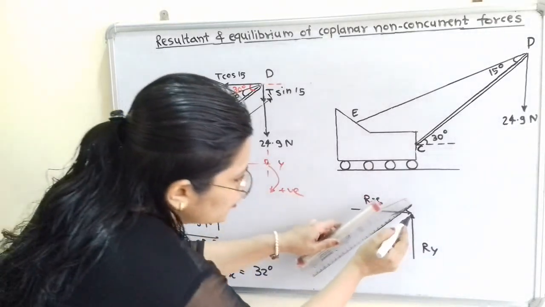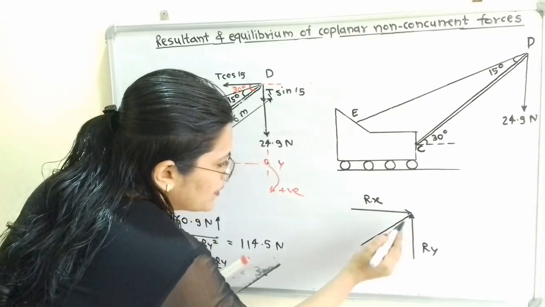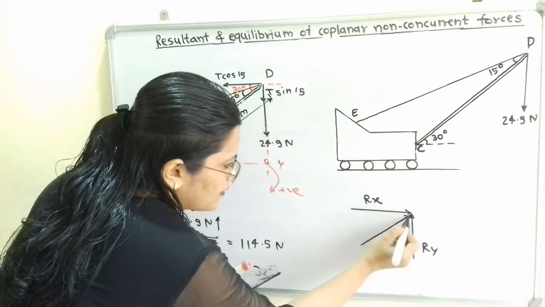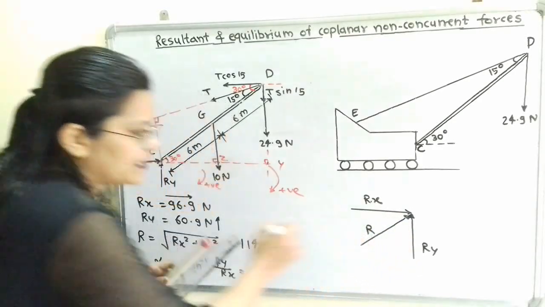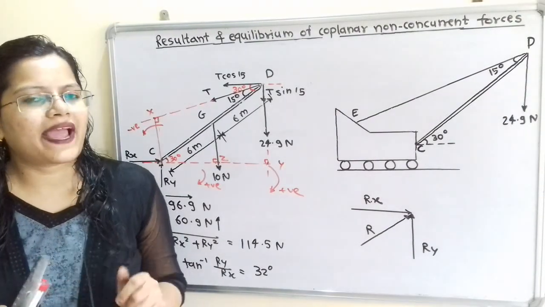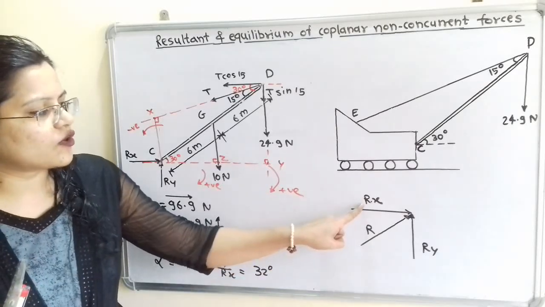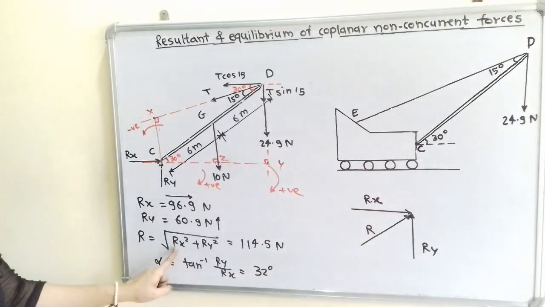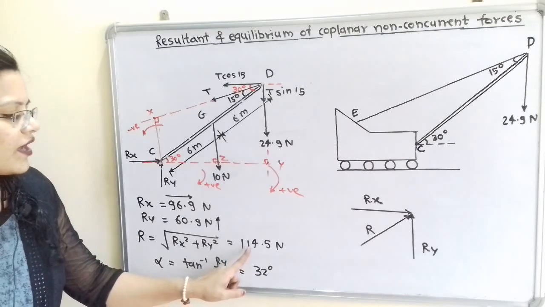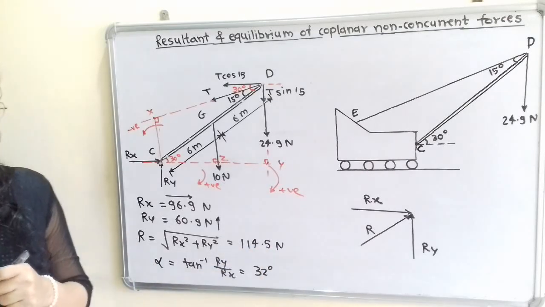We have to show the arrow meeting point of Rx and Ry. So here is the reaction R. We will calculate the magnitude of this resultant R, which is equal to the square root of Rx squared plus Ry squared, which is equal to 114.5 Newton.